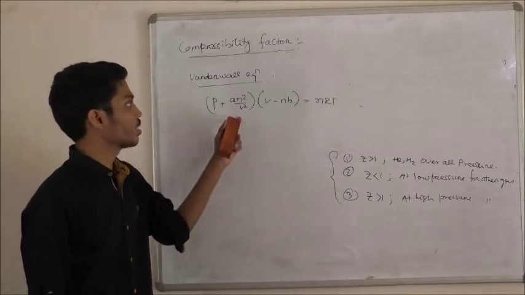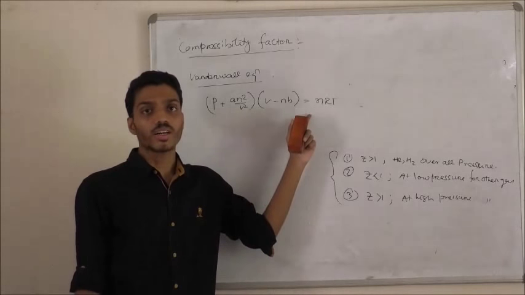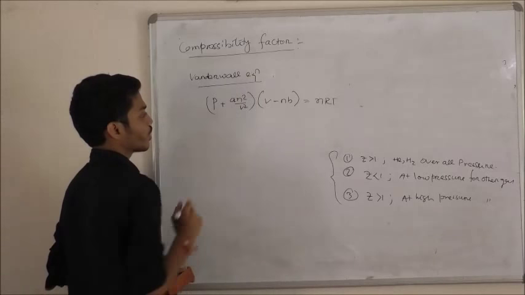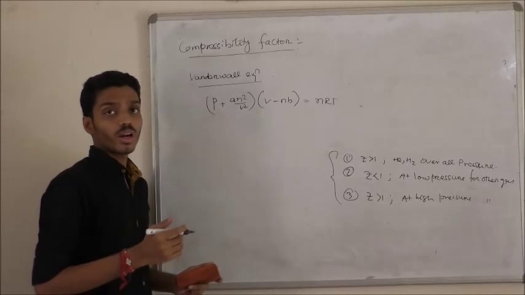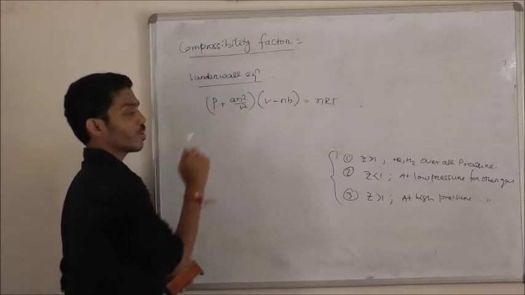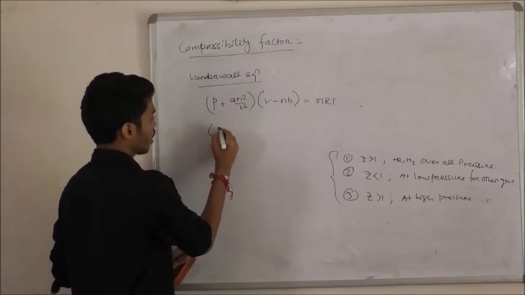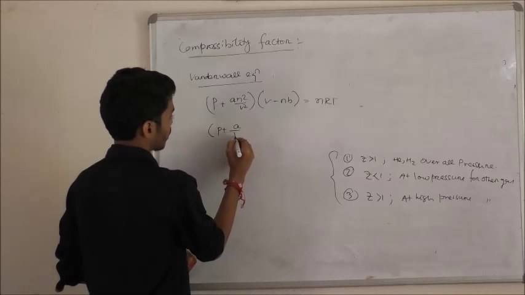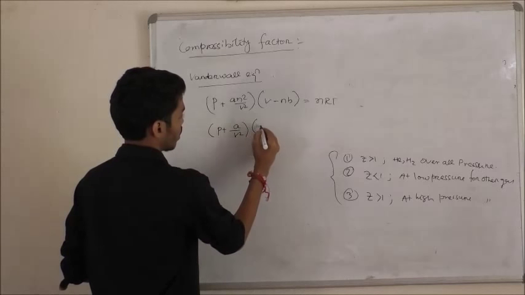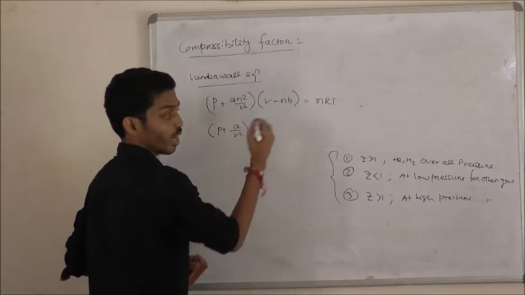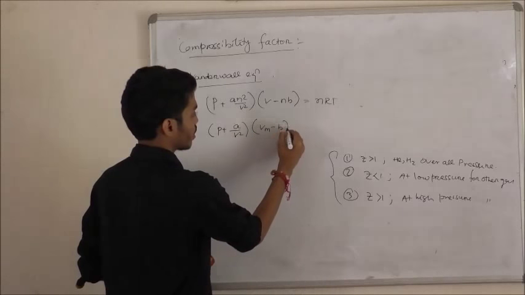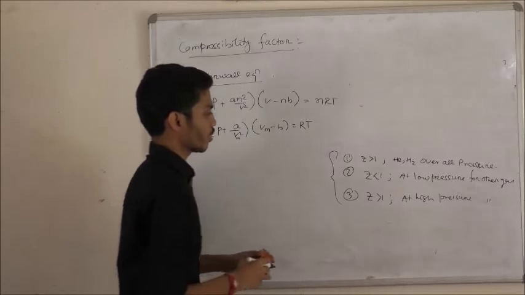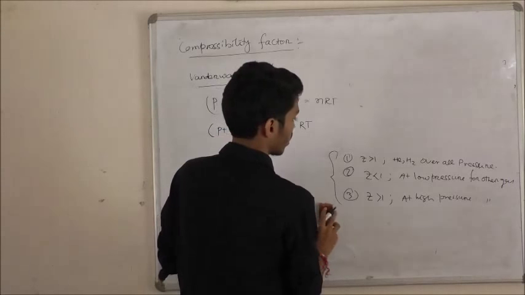You must remember this is the van der Waals equation that I have derived some time before. If we consider this for 1 mole of gas, we get the molar volume, and that will be (P + a/Vm²)(Vm − b) = RT. Here the volume is also molar volume.